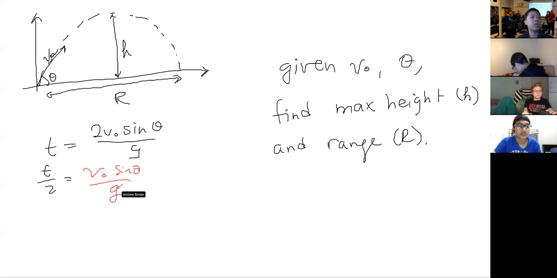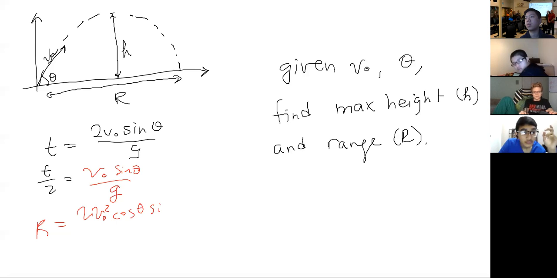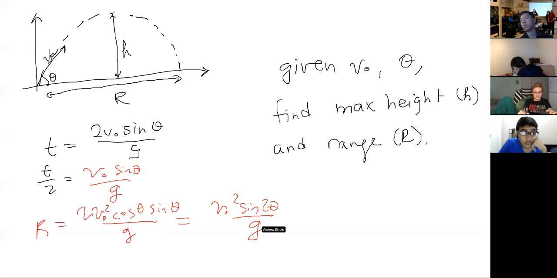And then the range: plug in T over 2, and we get 2 v naught squared cosine theta sine theta over g, which we can simplify to v naught squared sine 2 theta over g, because we got 2 sine theta cosine theta. And here is our range.